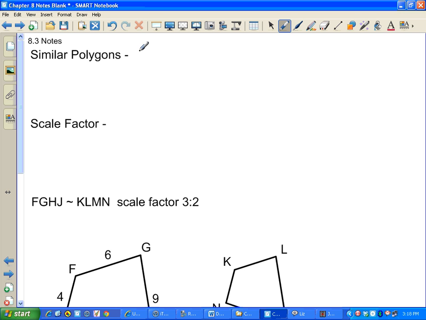So they have congruent angles and proportional sides.